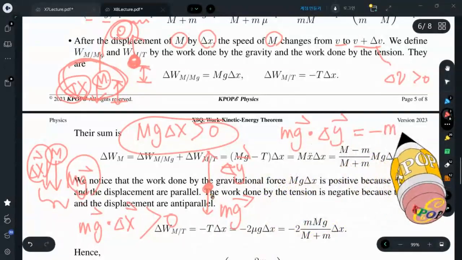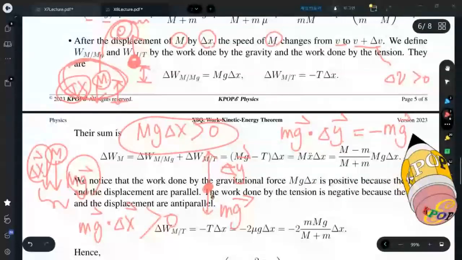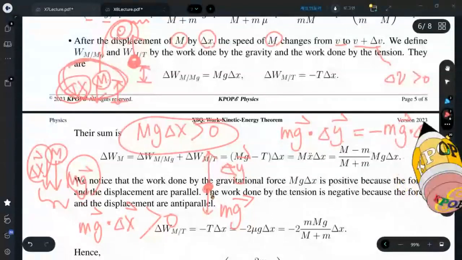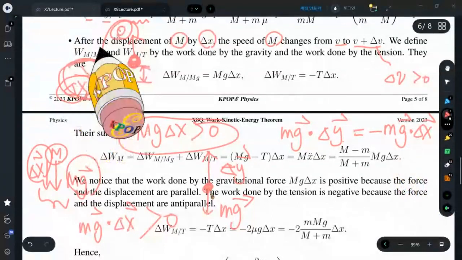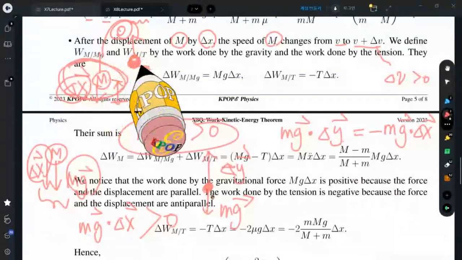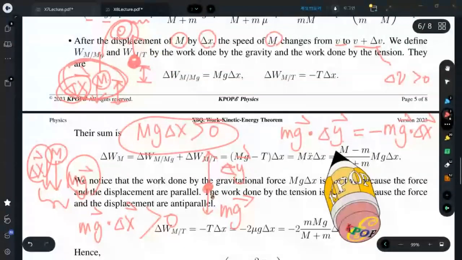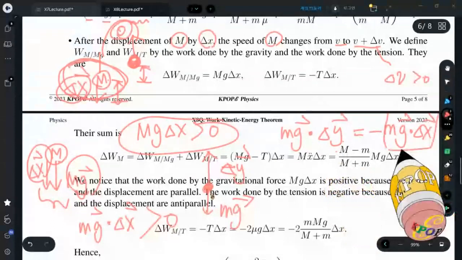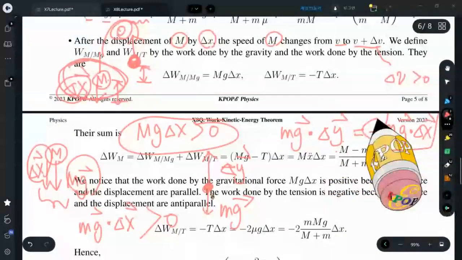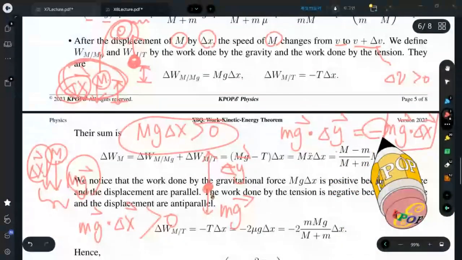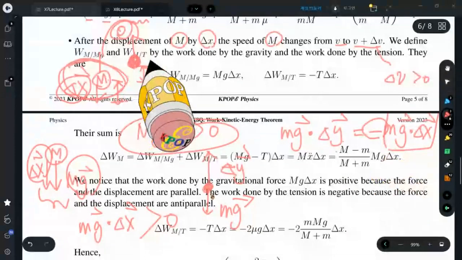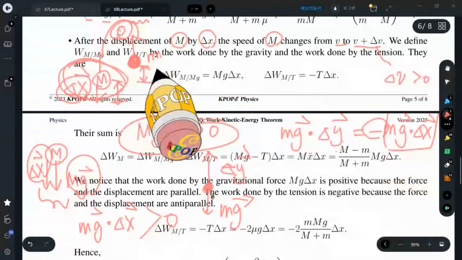So that is minus mg vector dot delta x. While delta x is going down and delta y is going up, we have to replace delta y with minus delta x. We know this is positive, but we have the negative sign. Therefore, the work by gravitational force applied to small m is negative.